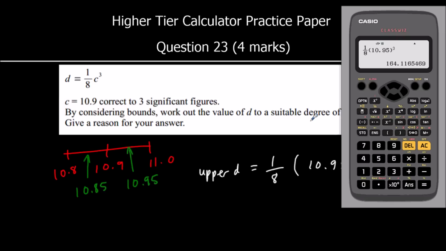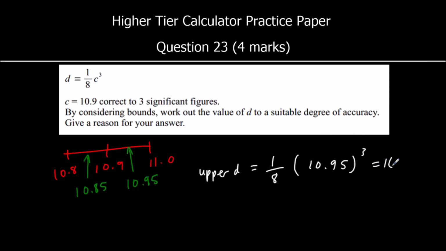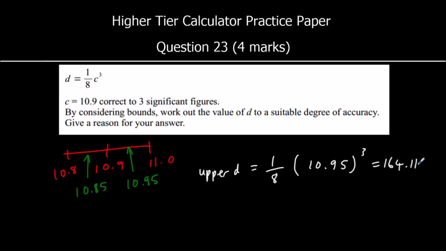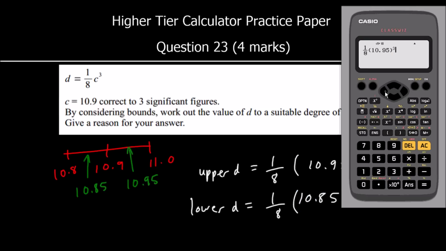That's 164.1165. The lower bound is 1/8 times 10.85 cubed, which is 159.6611.